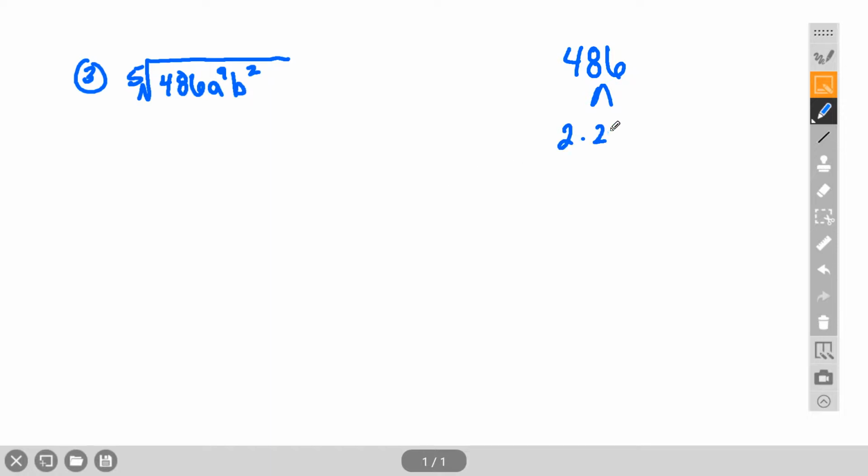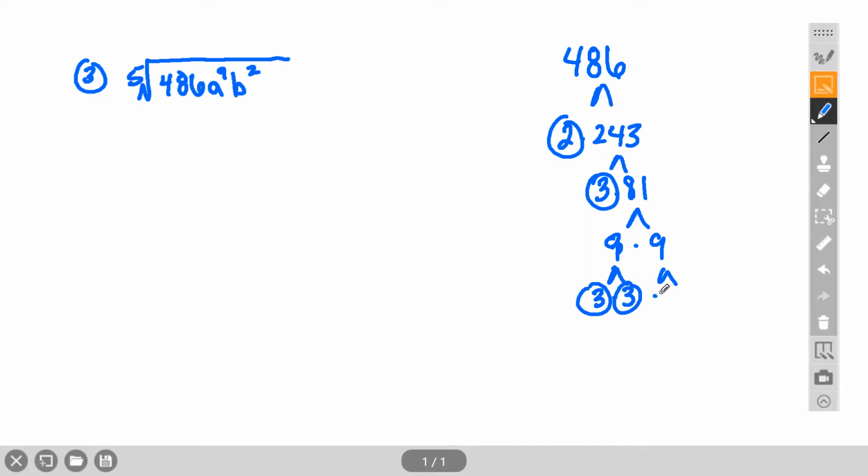So that's 2 times 243. 243, I'm not really sure what that's divisible by. It's not divisible by 2, but it is divisible by 3. Okay, 3 goes into it 81 times. 81 breaks up into 9 times 9, and each of those break up into 3 times 3.